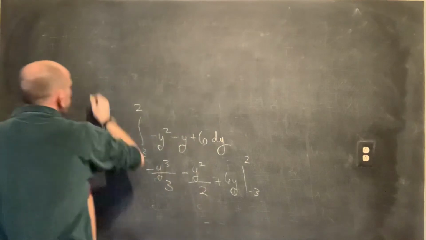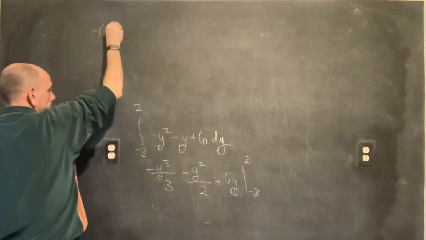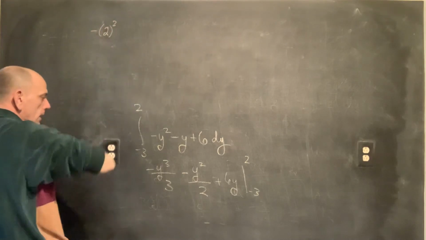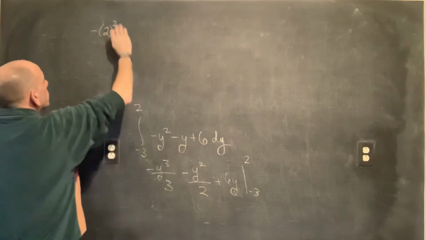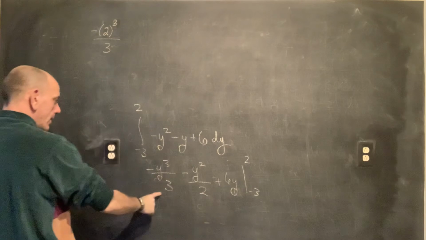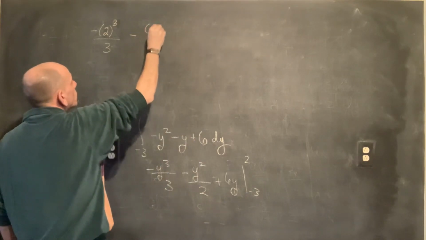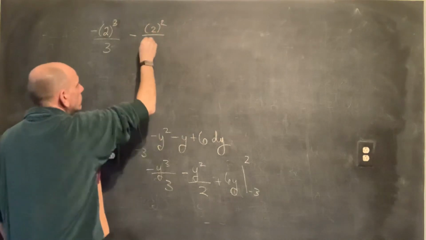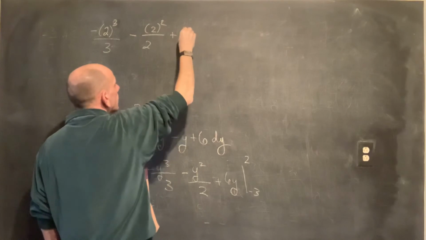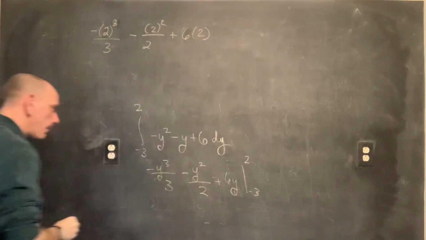We have negative 2 cubed over 3 minus 2 squared over 2 plus 6 times 2.